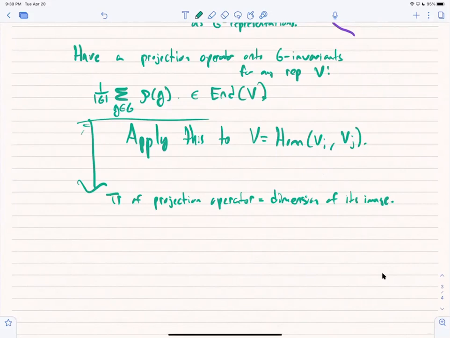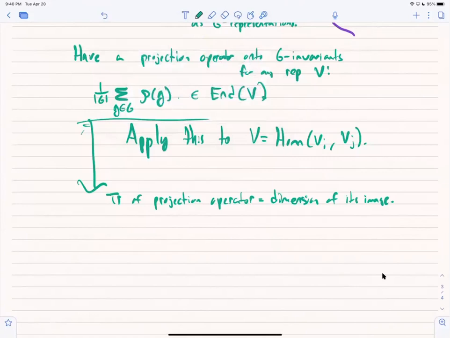A projection operator literally lets you write the vector space as the direct sum of the kernel and the image, and if you take a basis for those two summands, then the projection operator is just the identity on the image and 0 on the kernel. So the trace of a projection operator is the dimension of its image.